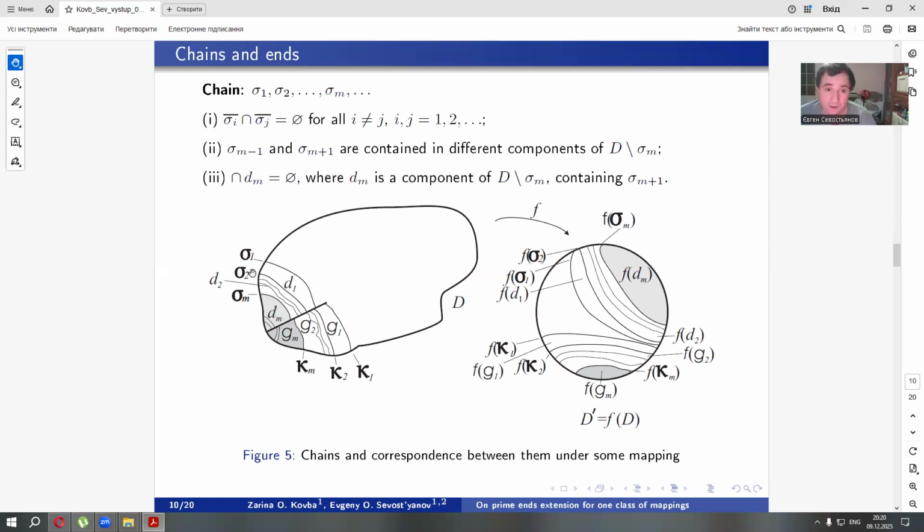What is this? D1 contains D2, contains D3, contains Dm, etc.